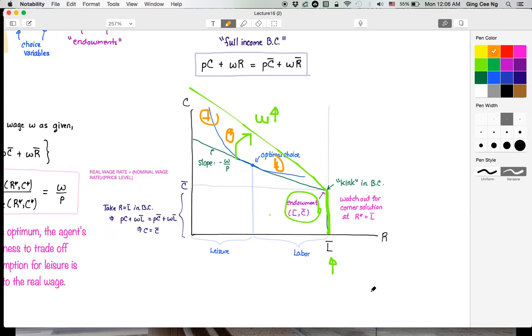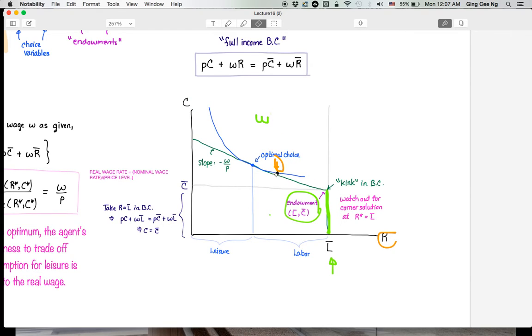So not only do I experience a change in my opportunity cost of consuming leisure over consumption, but I also get an income effect. At every level of leisure, I can consume more consumption.